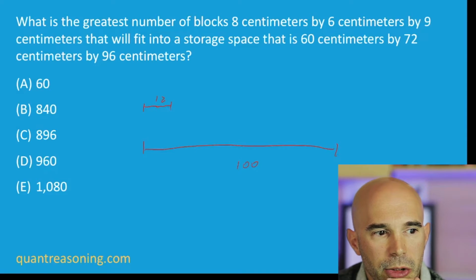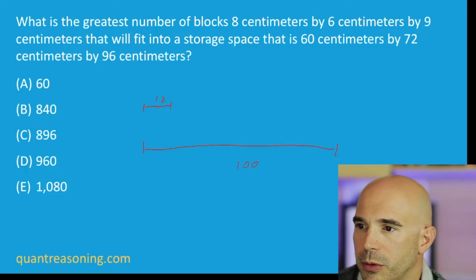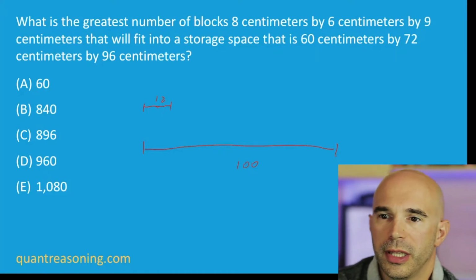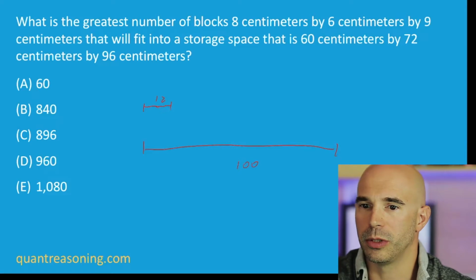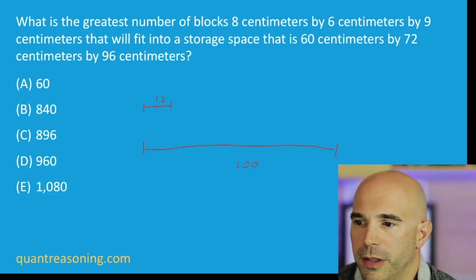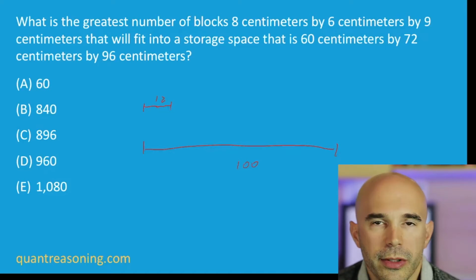And I assume that you would wish that the 100 was a multiple of 12, because that would enable you to be more efficient, right? Nobody likes to have empty space when you're trying to maximize the number of some item that you can fit into something. And so I want you to take that kind of logic to the original question.